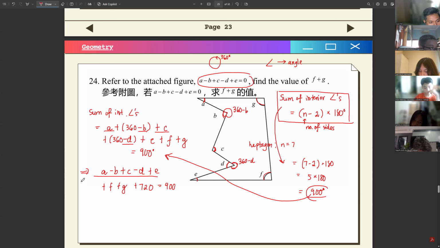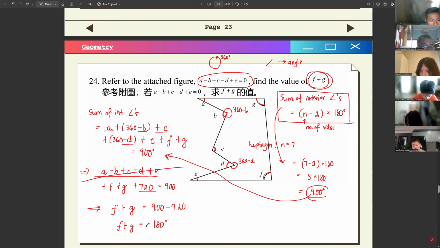So actually, we can just cancel this out. So our equation simplifies to F plus G is equal to 900 minus 720. So I already transposed this to the other side of the equation. Meaning, our F plus G is equal to 180 degrees, which is exactly what we're looking for. F plus G, 180. Okay? So that's our solution.